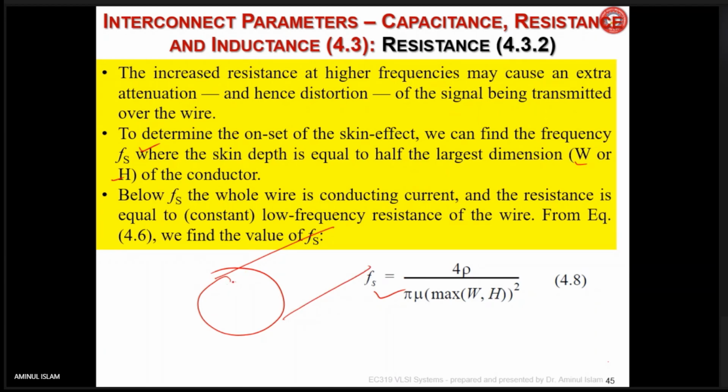When frequency is high, then it is flowing only through the outer area. So the question is at what frequency this skin effect starts. Fs is the frequency when skin effect starts: 4 rho by pi mu times the max of the two dimensions, width and height, whole squared.